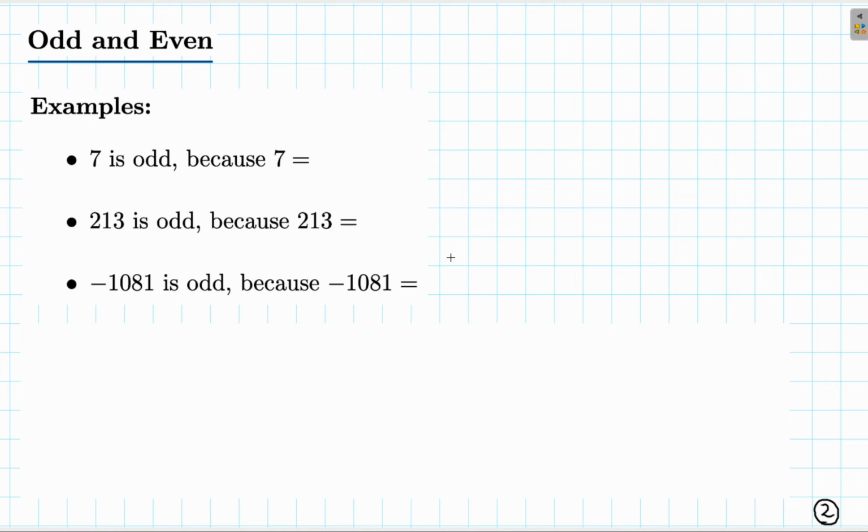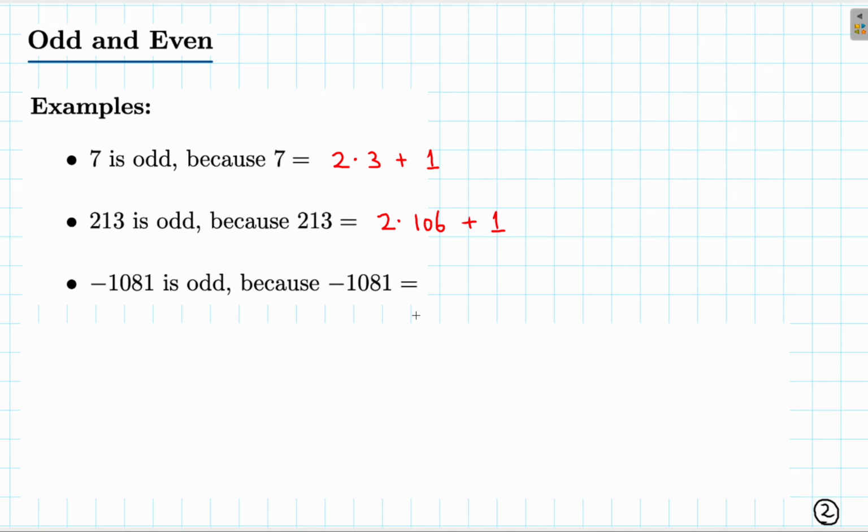For example, we know that 7 is odd because 7 can be written as 2 times 3 plus 1. How about 213? Well, 213 is odd because 213 can be written as 2 times 106, that's 212, plus 1.